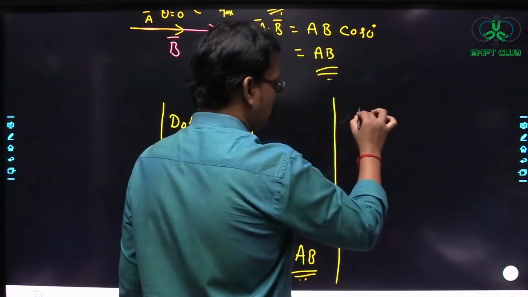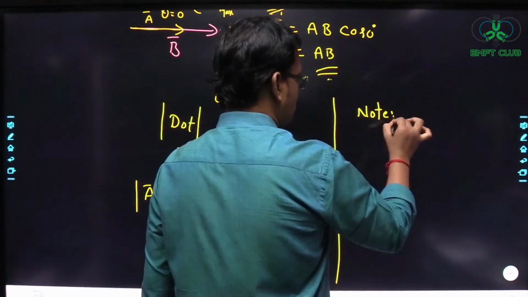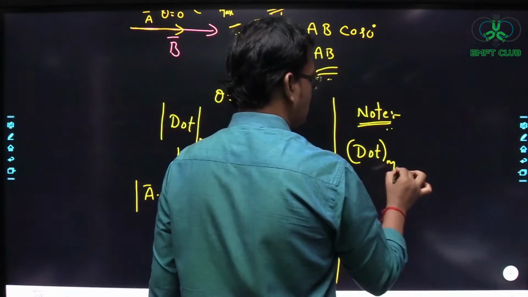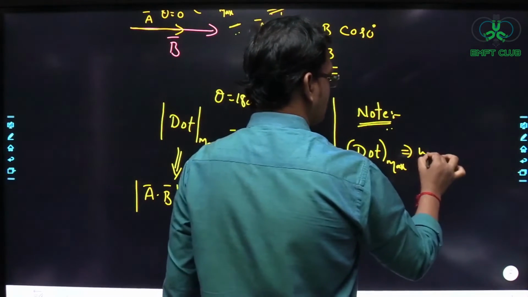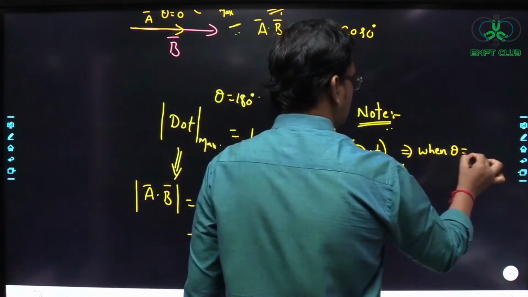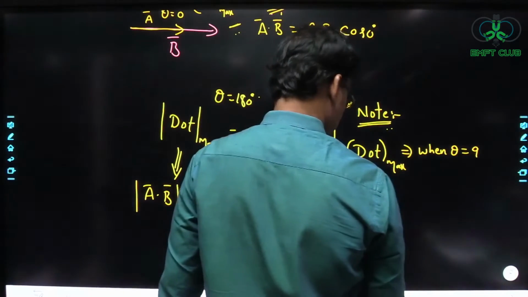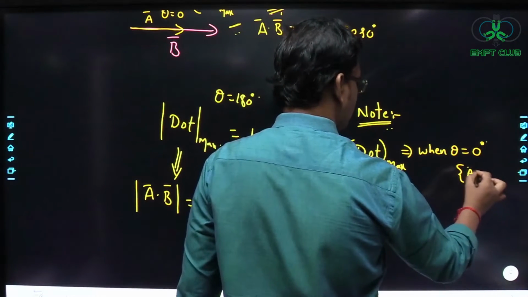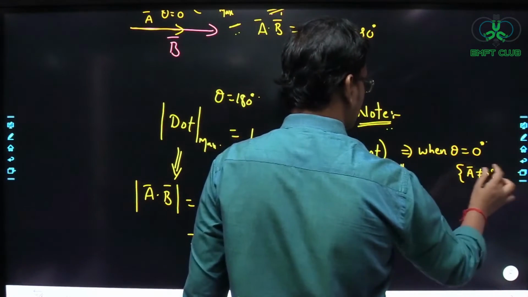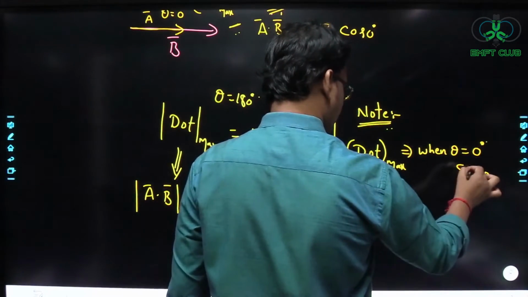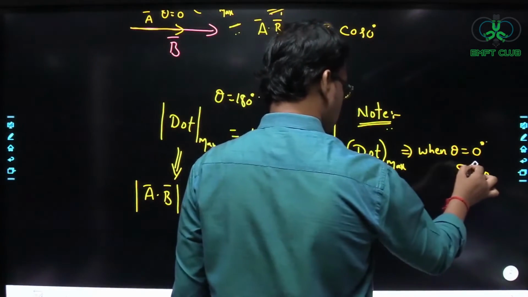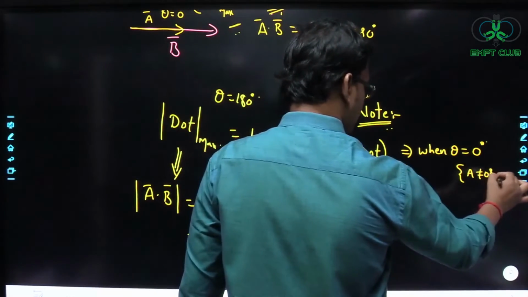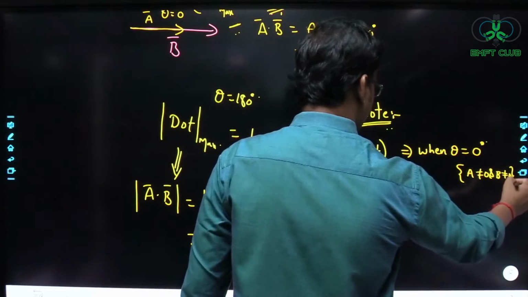Okay, so here you can make a note. The dot product will be maximum when theta equals what? When theta equals 0 degrees. And here I am considering A bar is not equal to 0, or you can simply write A not equal to 0 and B not equal to 0, right?